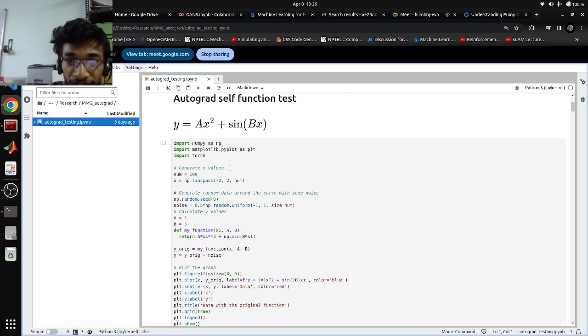Now a typical way we could have solved such a problem would be to formulate this as a polynomial in x, if we didn't know that the function really is of this form. Let's say you didn't know that it is ax square plus sine bx.